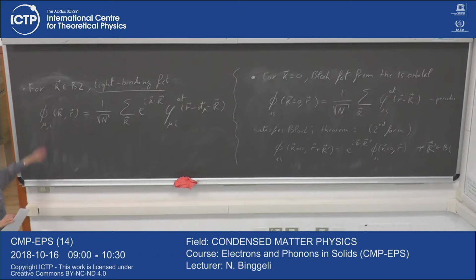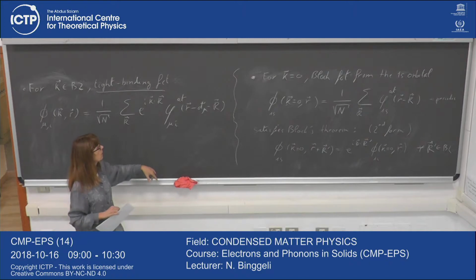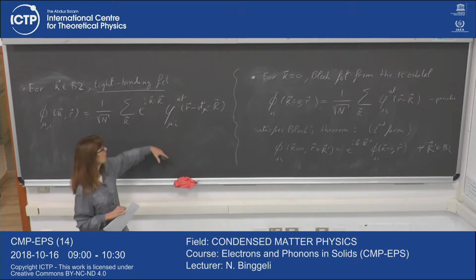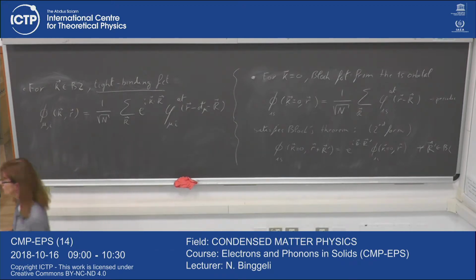I want to calculate the tight binding function for the orbital i of a specific atom type like carbon mu. So I want to construct the tight binding function for the carbon 2s states, let's say, at a given k point.